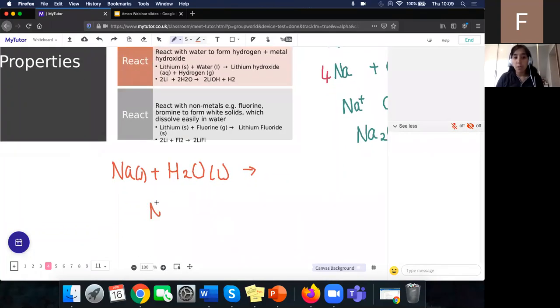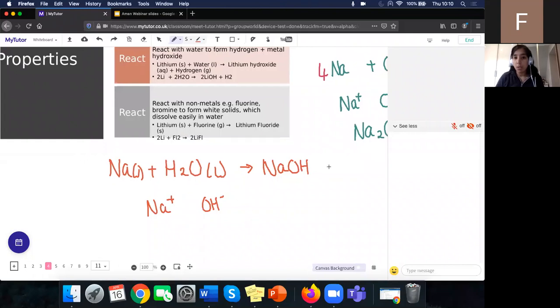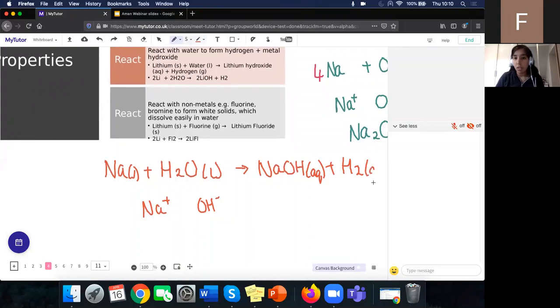So sodium forms an Na+ ion, and hydroxide is OH-. That's something to remember. And therefore, when we react them, we only need one sodium with one hydroxide, so we form NaOH. Sodium hydroxide plus hydrogen. And remember, I said that these dissolve, so therefore they are aqueous, and hydrogen is a gas. So that's the equation, and we just need to balance that.